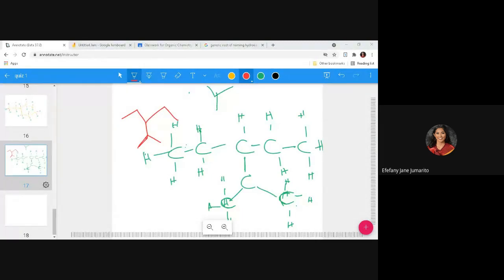Okay, kita. Yes, ma'am. Okay na. This is our complete structure, and this is our line bond structure. Now let's go to the condensed one.